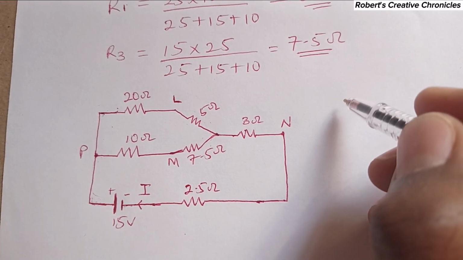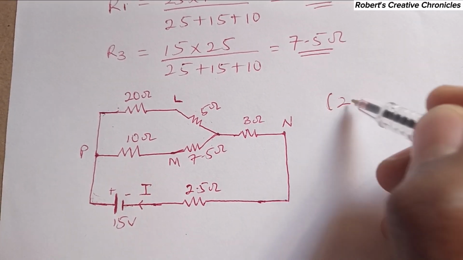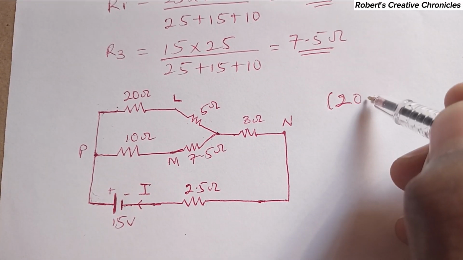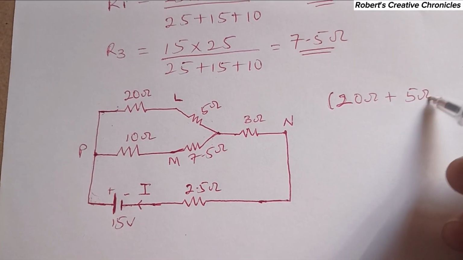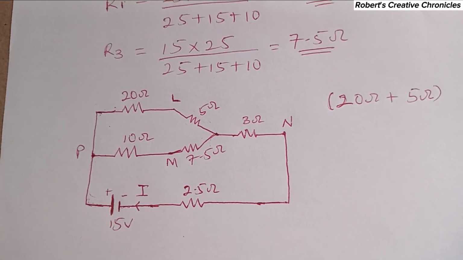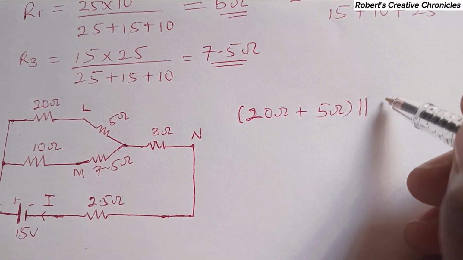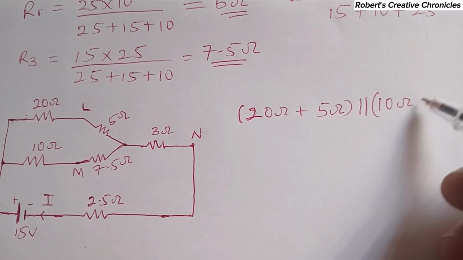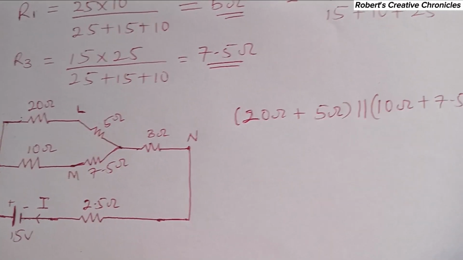So that means we know that 20 ohm plus 5 ohm, since these two are in series, will be parallel to 10 ohm plus 7.5 ohm, since these two are also in series.